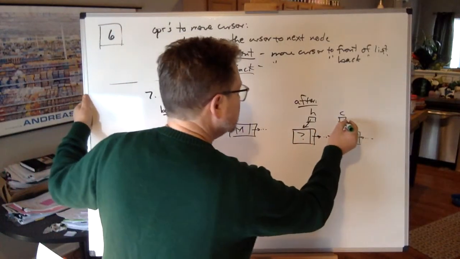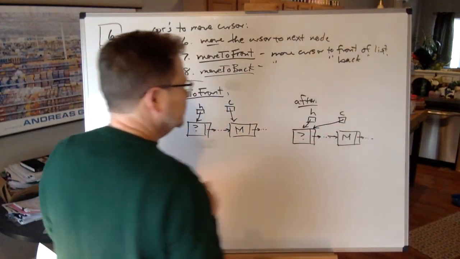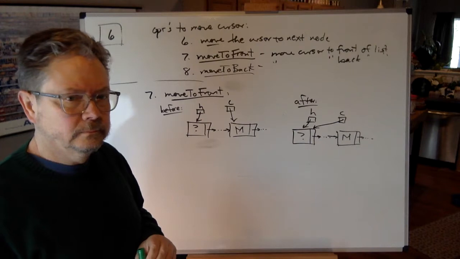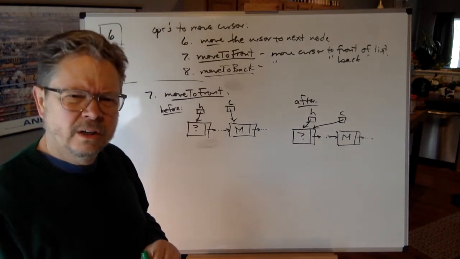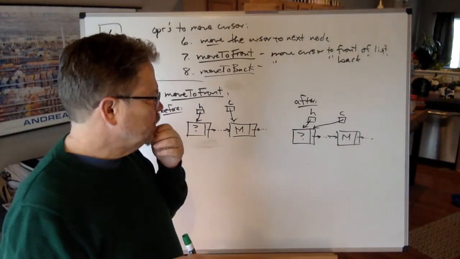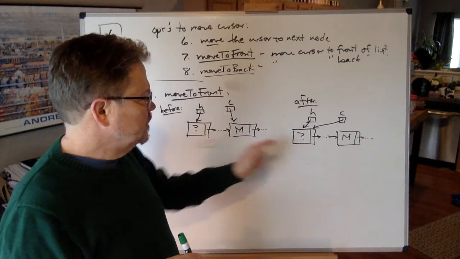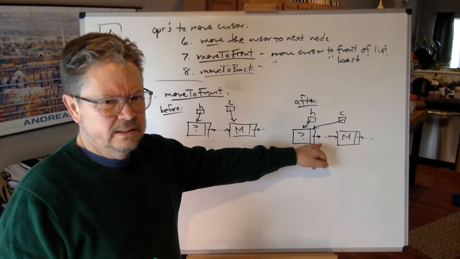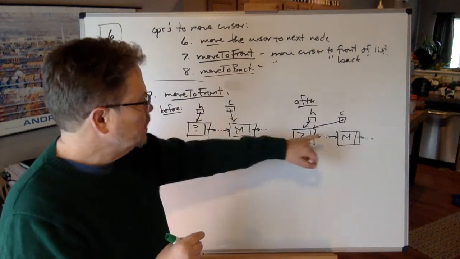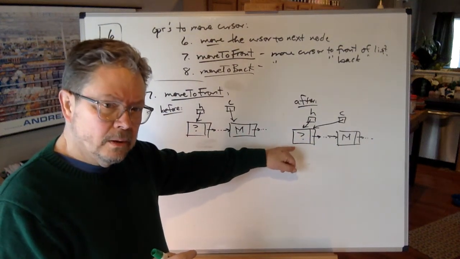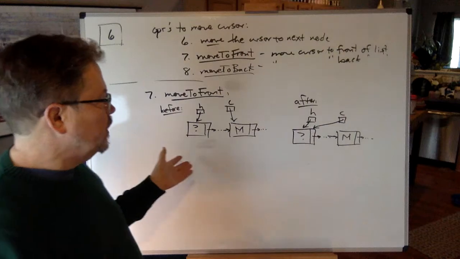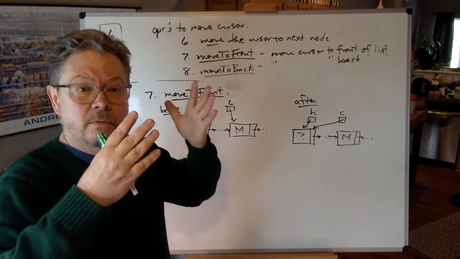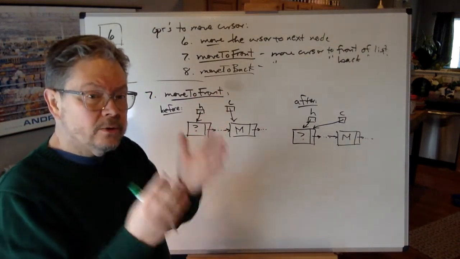Move to front should point the cursor to the empty head node. Are we sure? Maybe we should point the cursor to the second node, because that's the first one that's got any data in it. No, we want the cursor to point at the empty head node, because the whole reason of calling move to front might be that we want to put a new first real node in the list.